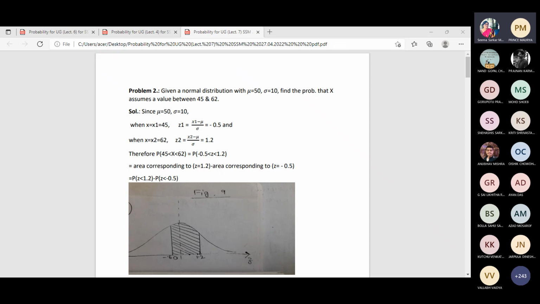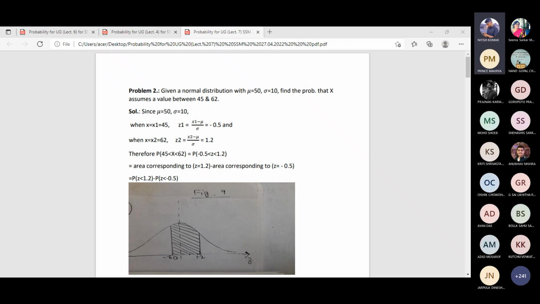So if Z1 is the required standard normal variate for which the area to the left of that Z value is 0.45, the probability that Z is less than or equal to Z1 will be equal to 0.45. But we don't know what is Z1. We know the area, 0.45.